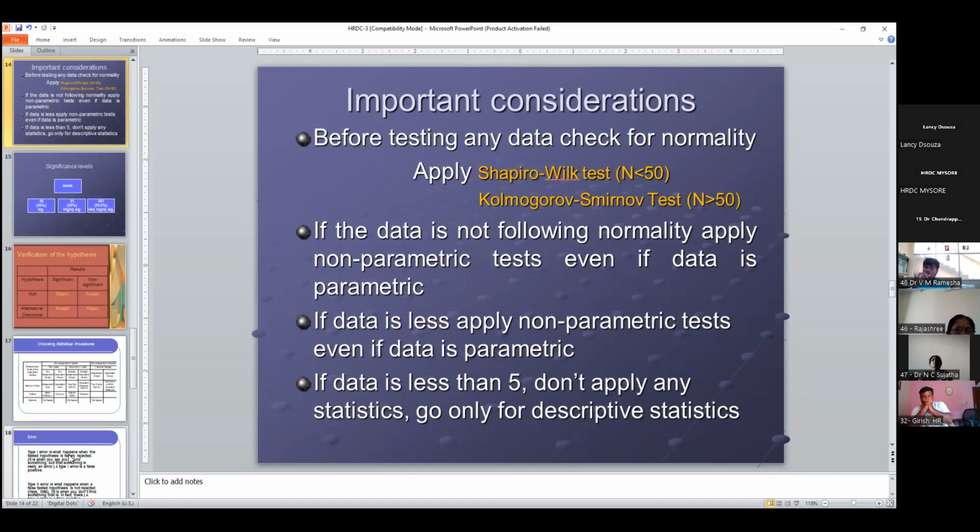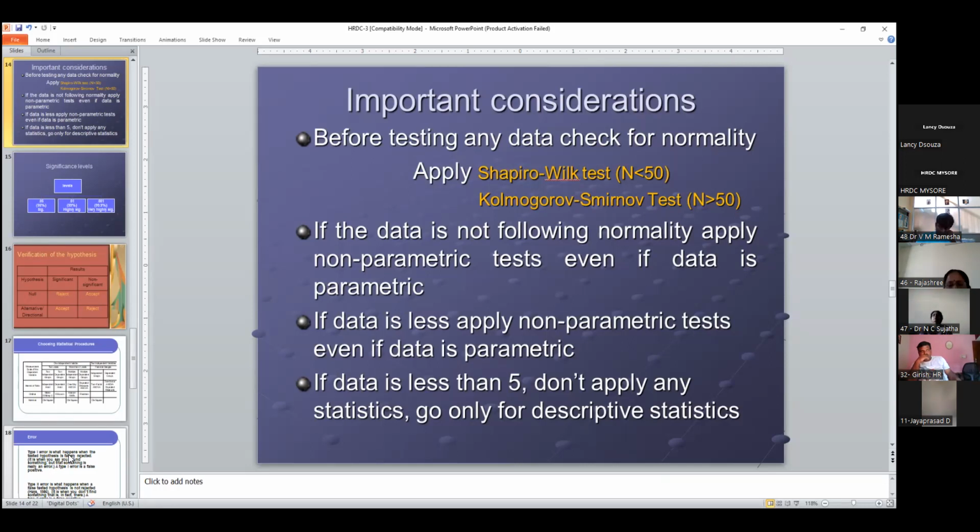Then if the data is not following normality, apply a non-parametric test even if the data is parametric. This is very important because standard journals would definitely ask whether you have subjected your data to a normality check, and if you say no, they might reject your paper. So apply the normality check, and if the data doesn't follow it, use a non-parametric test instead of a parametric test.